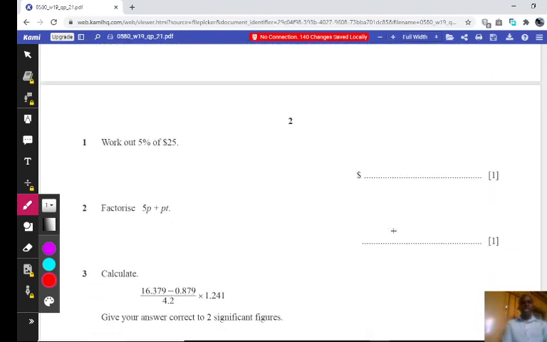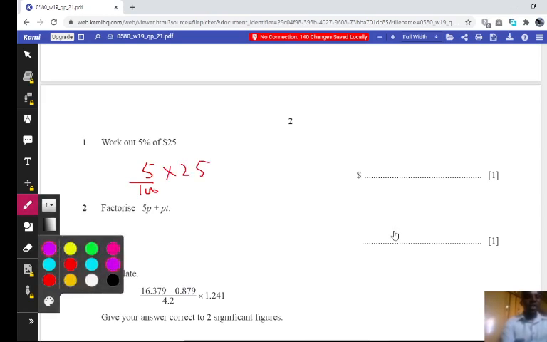Question number 1. It's saying work out 5% of $25. Easy. 5% just means 5 over 100, and "of" means times. So what is 5% of 25? It's 5 over 100 times 25. Then you can cancel here. 5 into 5, 1. 5 into 100 is 20.